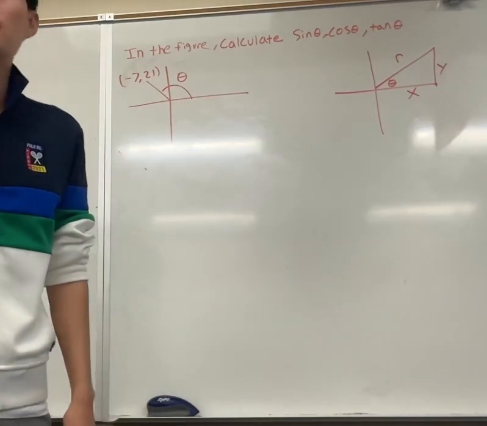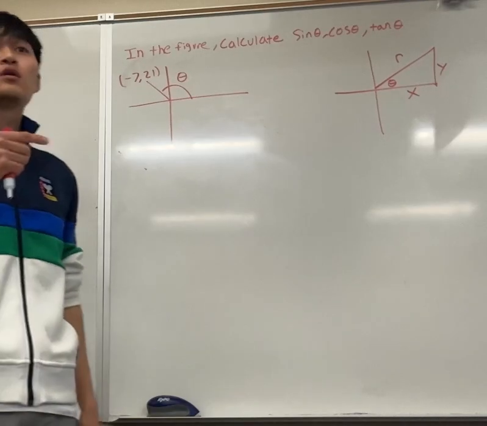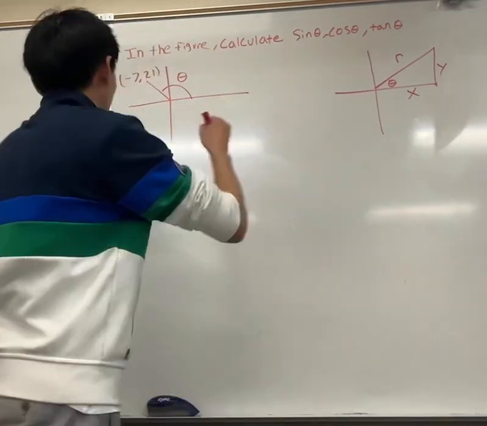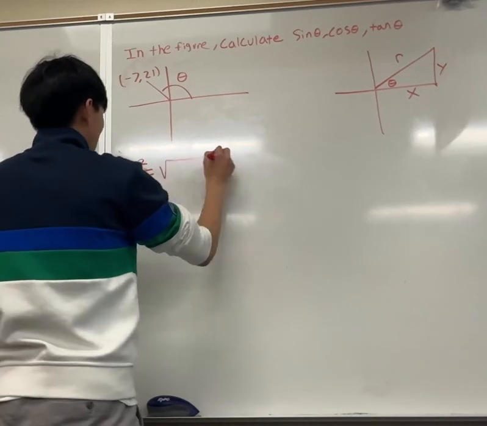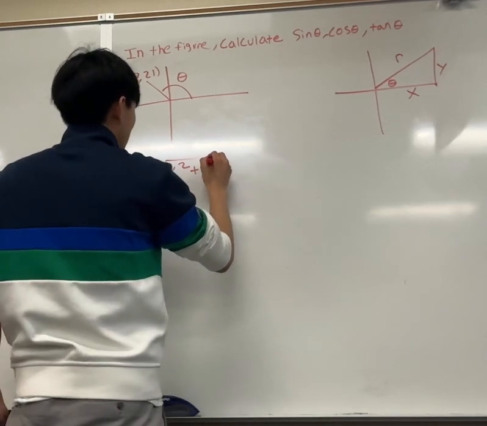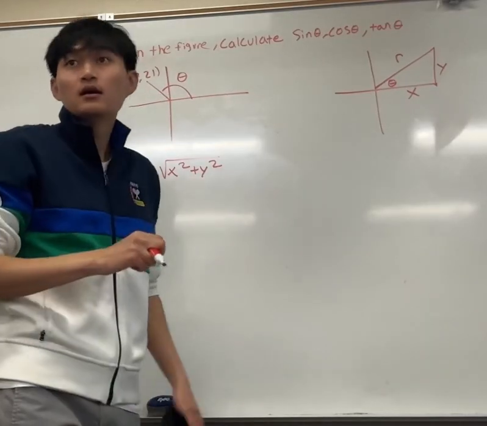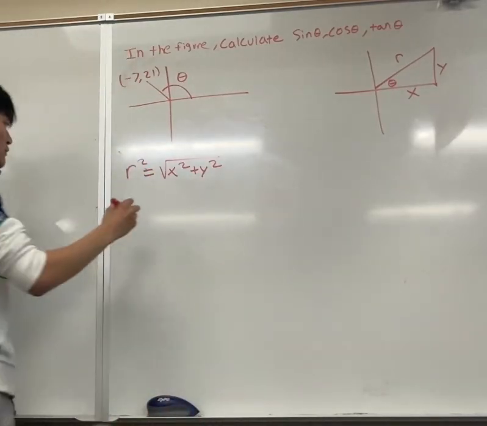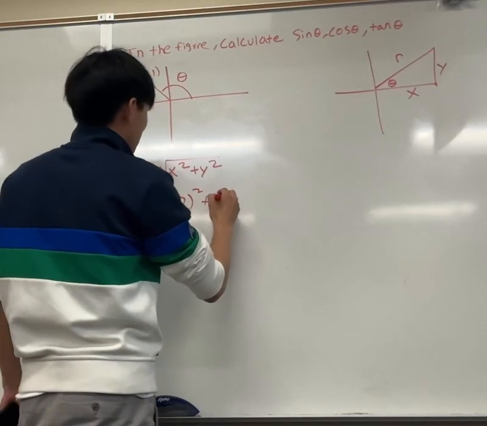And if you remember the r equation, it's x squared plus y squared, and you square root it. So the radius squared is x squared plus y squared, and that equals r squared. So we have an x and we have a y. My x is -7, and my y is 21.